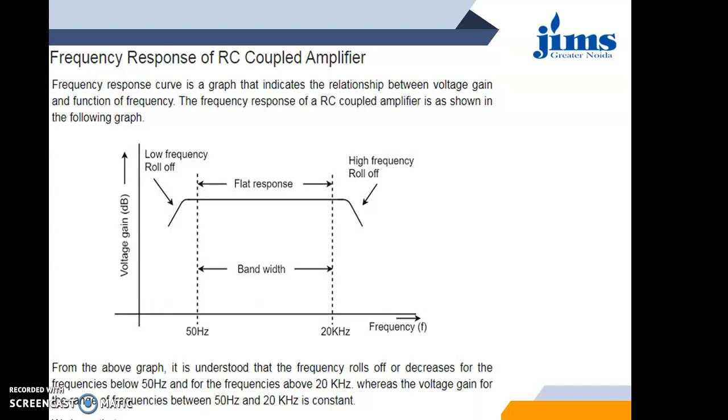The low frequency range is considered from 0 to 50 Hz. The middle frequency range is the ideal audio frequency range, which is considered between 50 Hz to 20 kHz. Sometimes it is shown as between 20 Hz to 20 kHz, and the high frequency range is above 20 kHz.